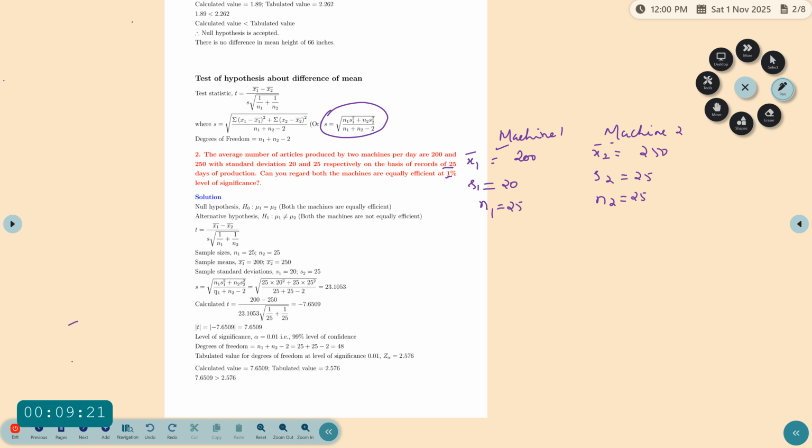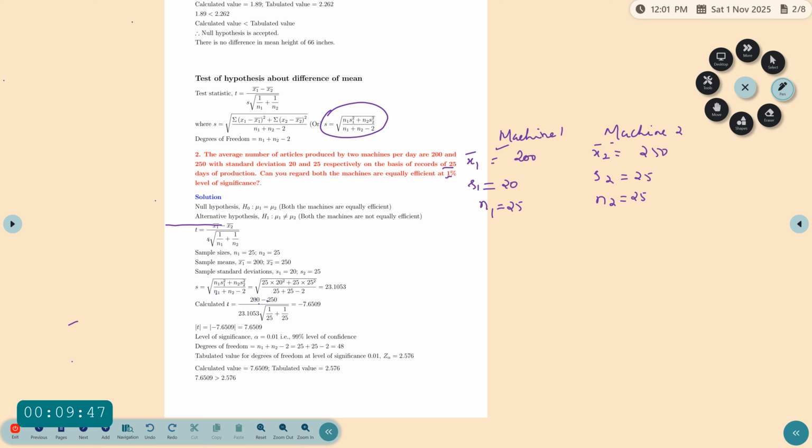So the calculated value formula is t is equal to x1 bar 200 minus x2 bar, which is 250, divided by s, which we calculated as 23.105, times square root of 1 by n1, 25, plus 1 by n2, 25. When you simplify, you will get a negative value, minus 7.6509.